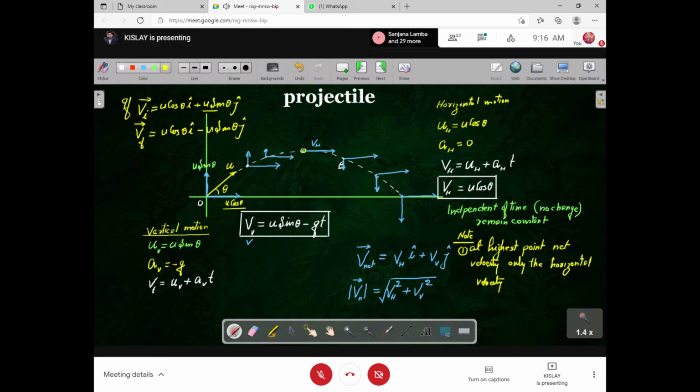Hence, only the vertical component changes its direction from this point to this point. Will you remember? Please note all these things.